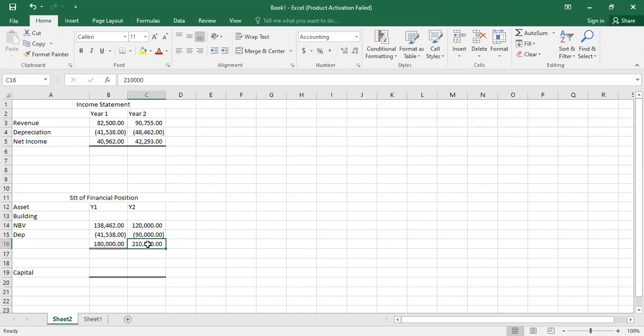What is our capital for the first year? $225,000. In the first year. Why 225?